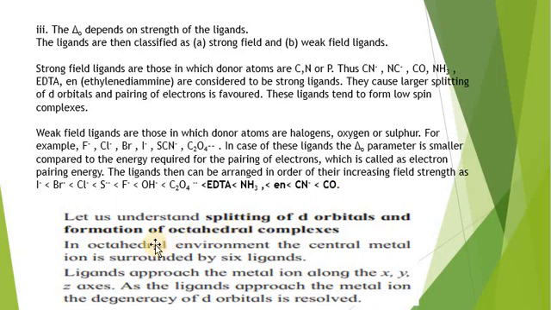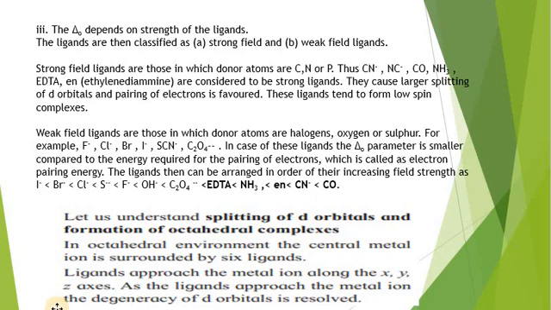Now, let's understand the splitting of d orbitals in the formation of octahedral complexes. Always remember, in the octahedral environment the central metal ion is surrounded by 6 ligands, and the ligands approach the metal ion along the x, y and z axes.